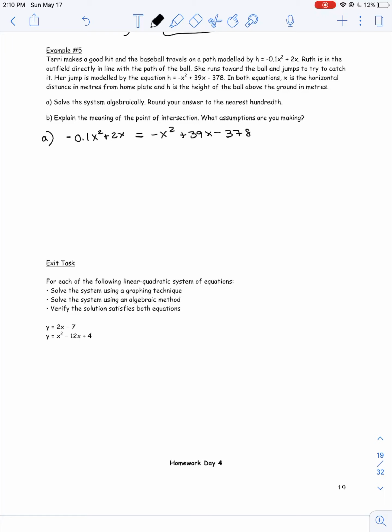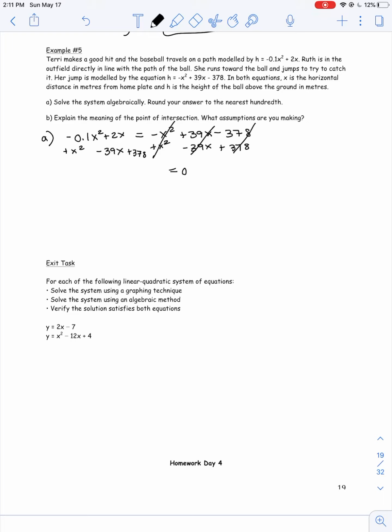Okay, so we're going to bring everything to the left side. We're going to add x squared to both sides. We're going to subtract 39x from both sides, gone. And then we're going to add 378 to both sides, gone.